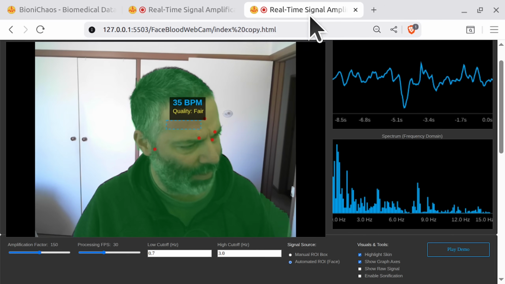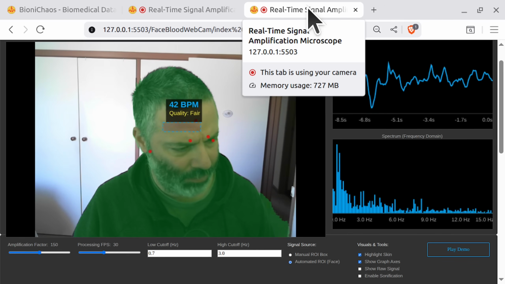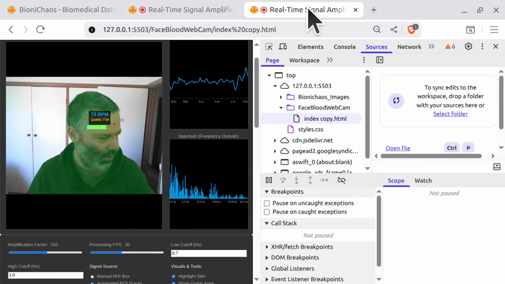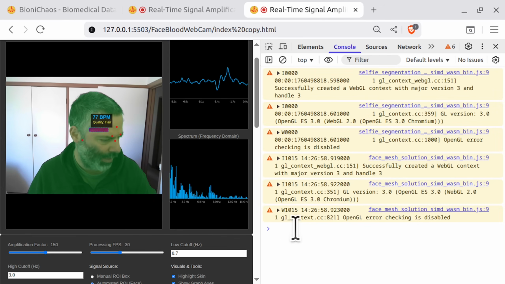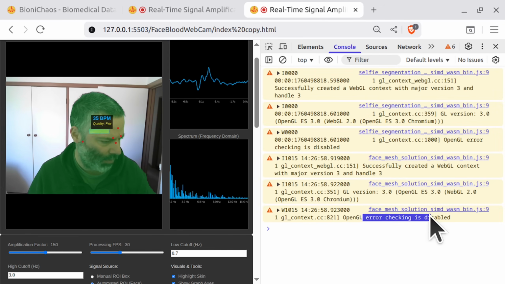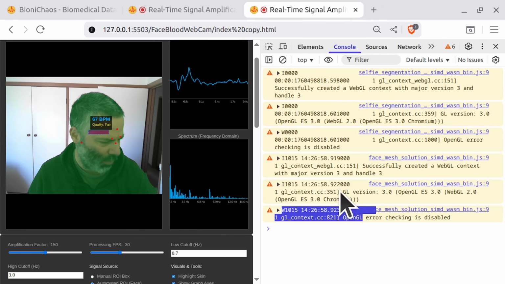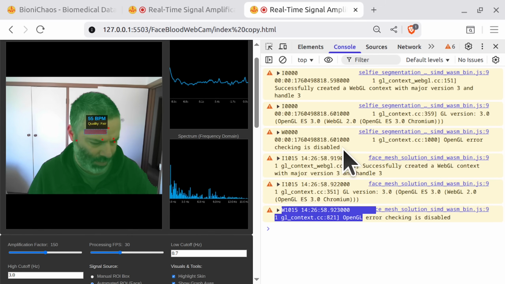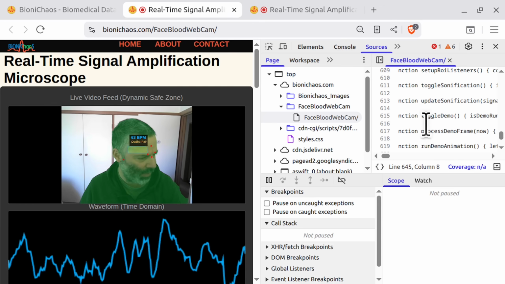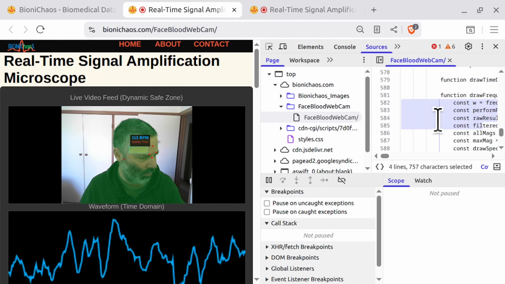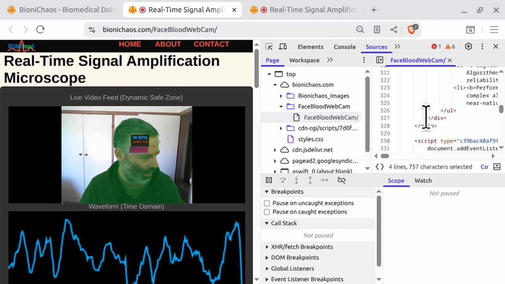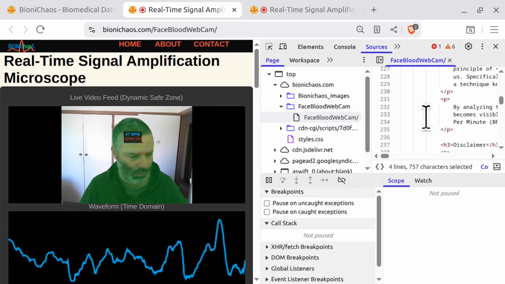Maybe the WebGL is not actually working anymore. Well, those are warnings. Anyhow, the source code is on the page, for your convenience. We are doing everything for your convenience.